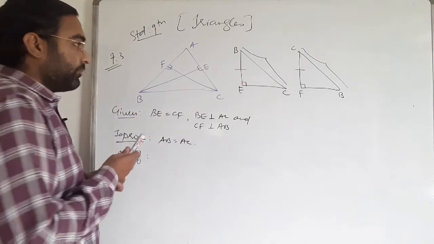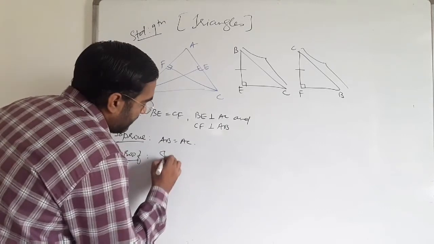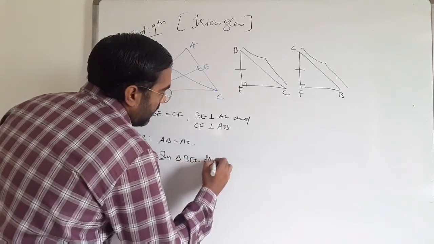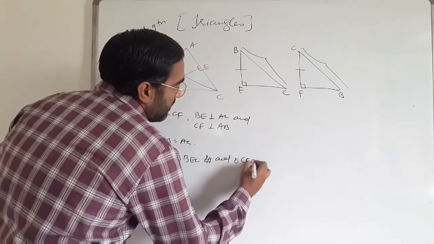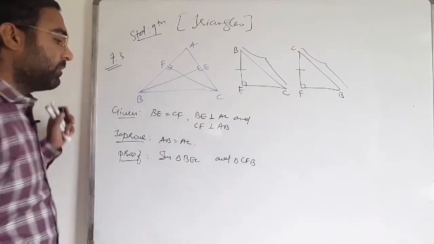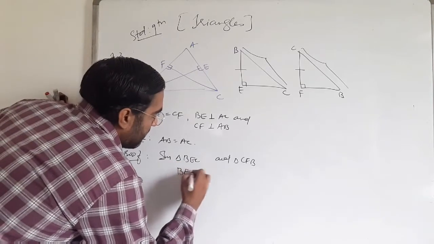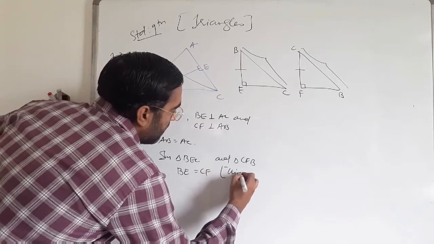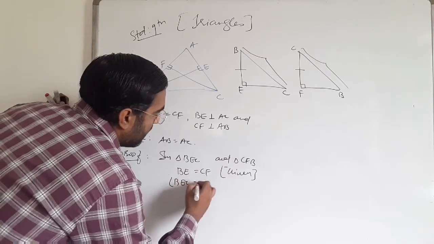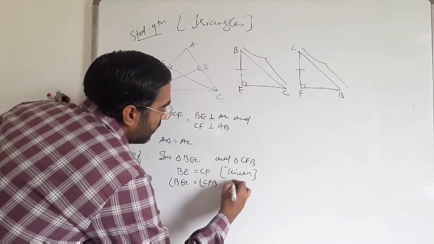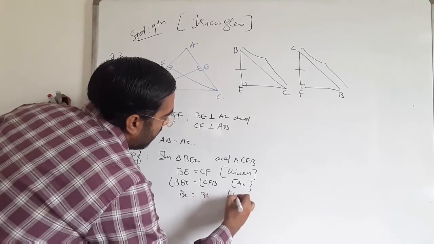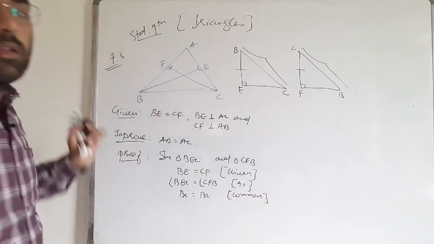Now we are writing that in triangle BEC and triangle CFB, BE is equal to CF, that is given. Angle BEC is equal to angle CFB, both of them are 90, and BC is common in both triangles.